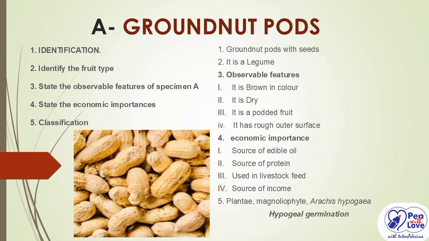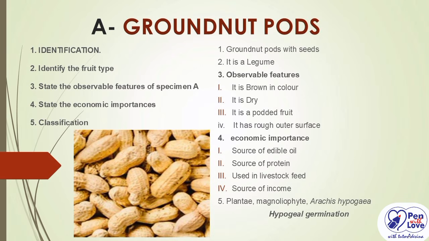Another question they can ask you is to state observable features of specimen A. When you are asked to state observable features, mind you, from the word observable, observe, those are things you can see with your naked eyes, not those things you just think should be there. So make sure you give answers based on what you can see with what you were given.